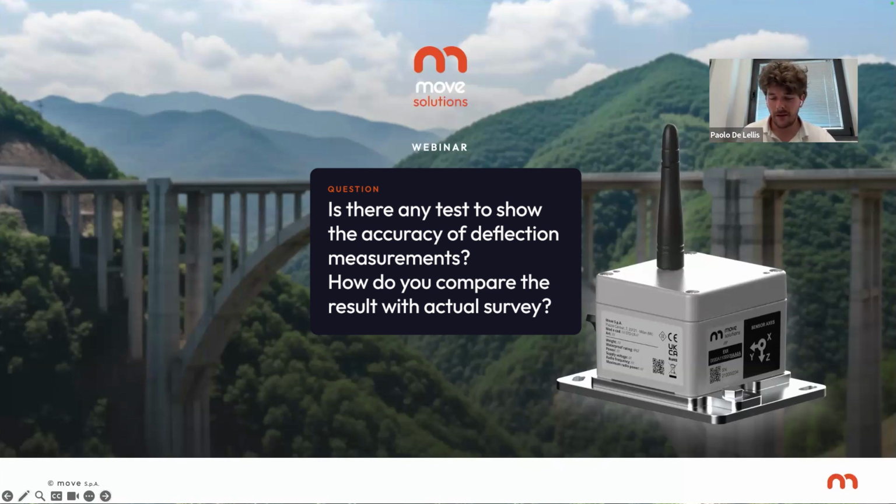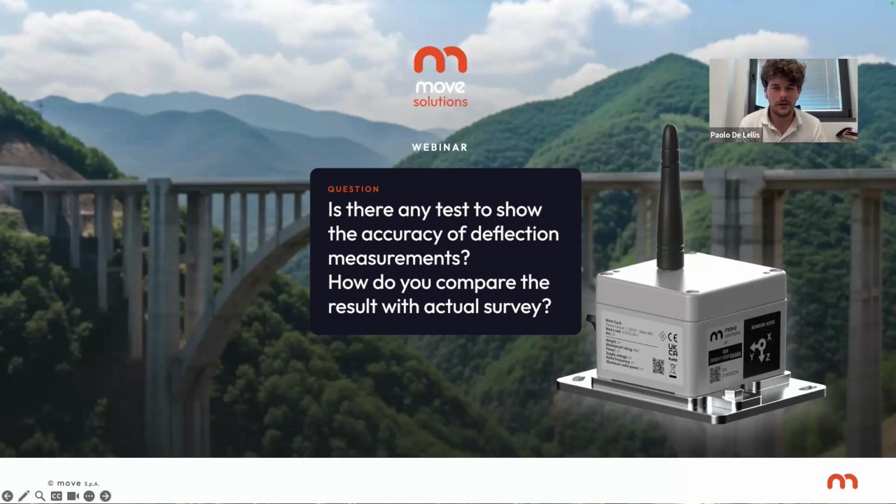I can tell you that our customers in general try our system and the configuration of the system in the right way, in place in a structure, in combination with the total station, and obtain the same result. And we can, for example, share with you some results that our customers obtain on the field regarding this point.